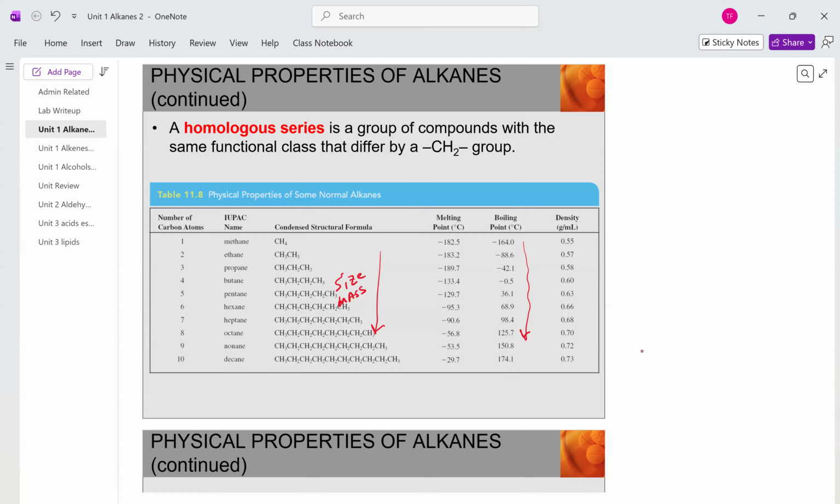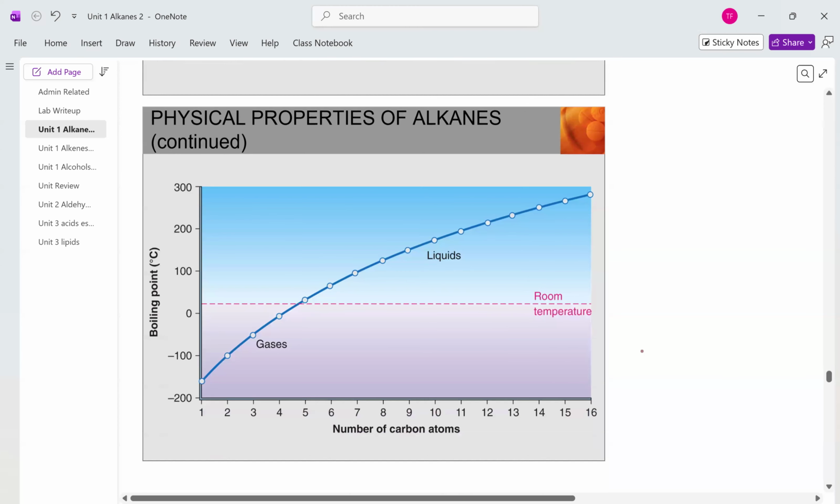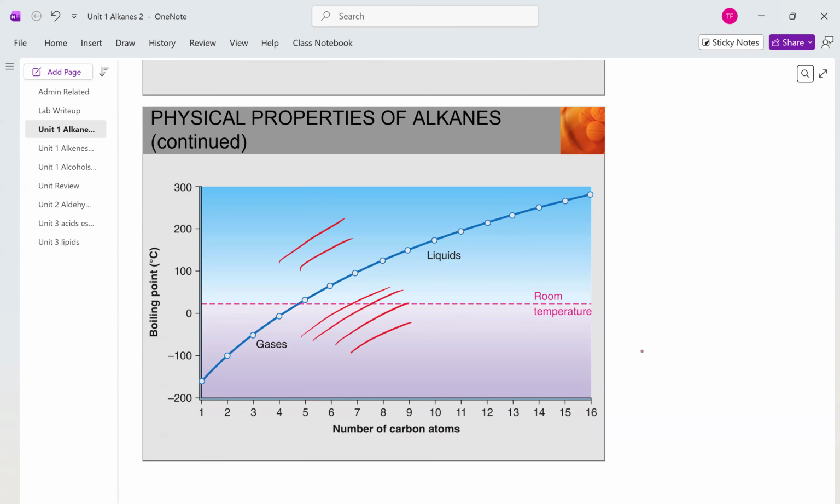So anything less than 1 will float on water. This is it in graphic form. Now we're going to be seeing this throughout the semester, looking at different functional groups. I'm going to be putting in different lines depending on what the functional group is and how polar the functional group makes the overall molecule.